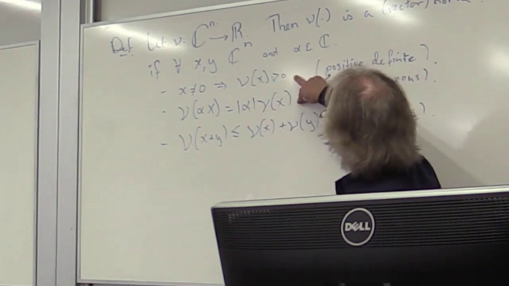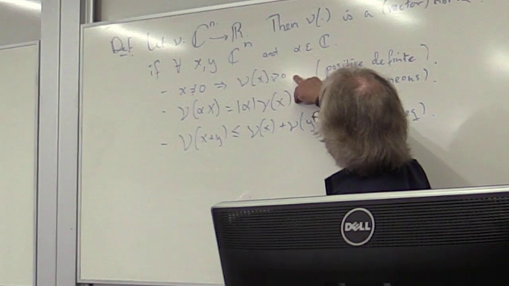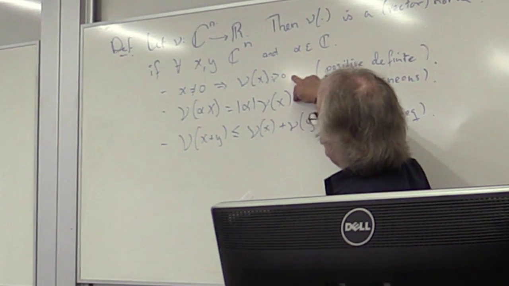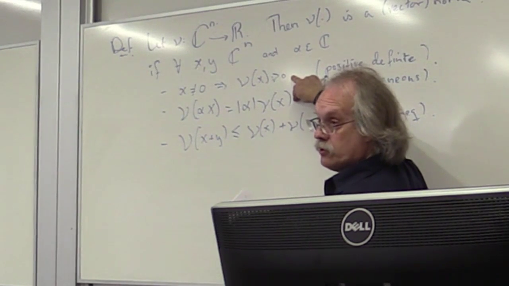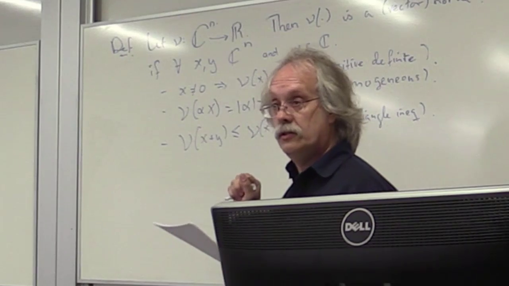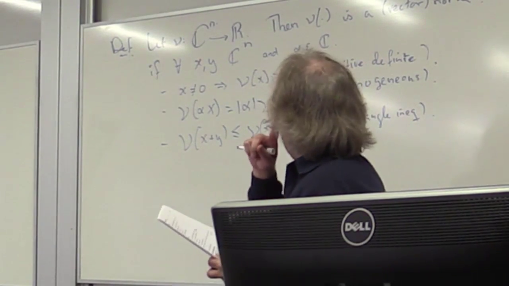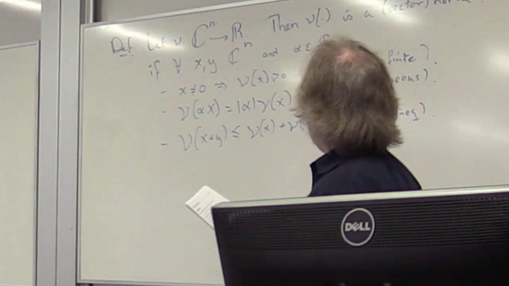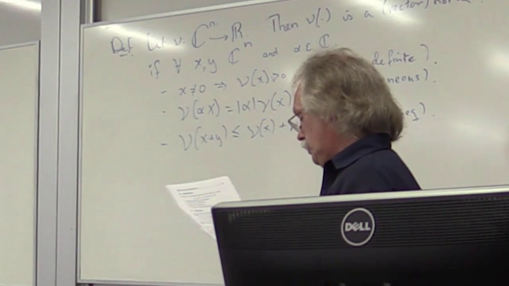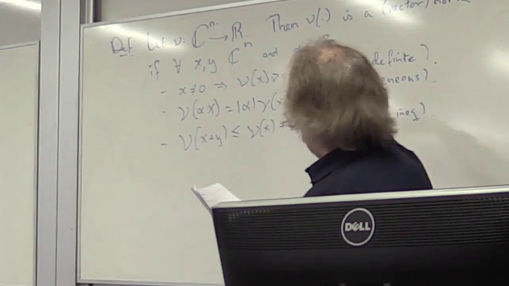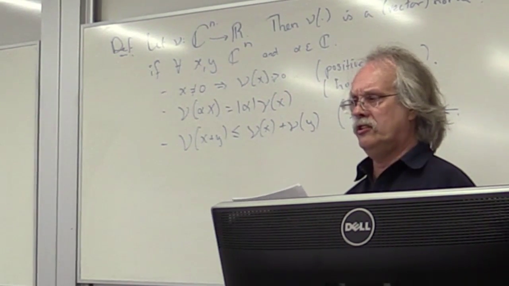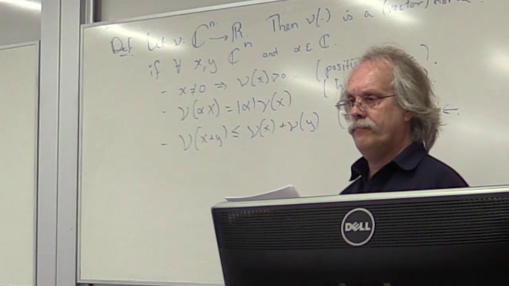Notice that these two together imply that the norm of x is 0 if and only if you feed in the 0 vector. And that's actually an exercise you should be able to do. All right, and the Euclidean length has all of these properties, and the triangle inequality is a little bit tricky to prove.